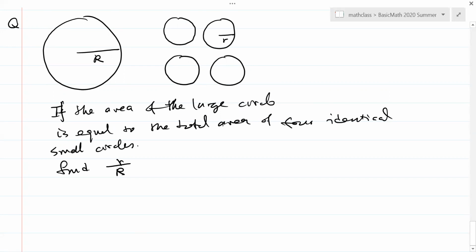Okay, what you do is you write down the area for the larger circle, write down the area of the 4 smaller circles, then you set them equal. Then you find the ratio.